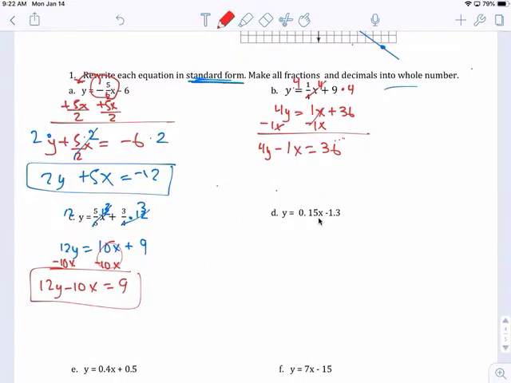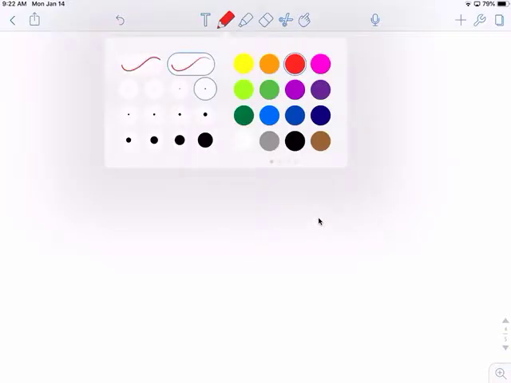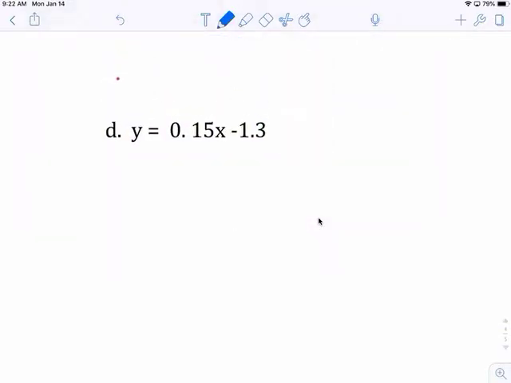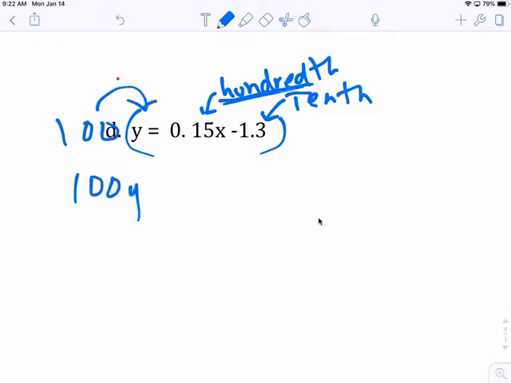Okay, here, this is all in decimals. This is the hundredths. This is the tenths. Multiply it by 100. That's 100y equals 15x minus 130.